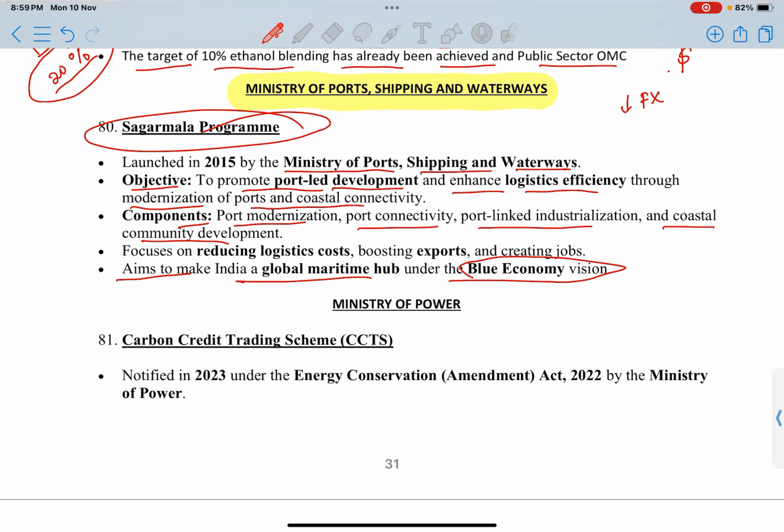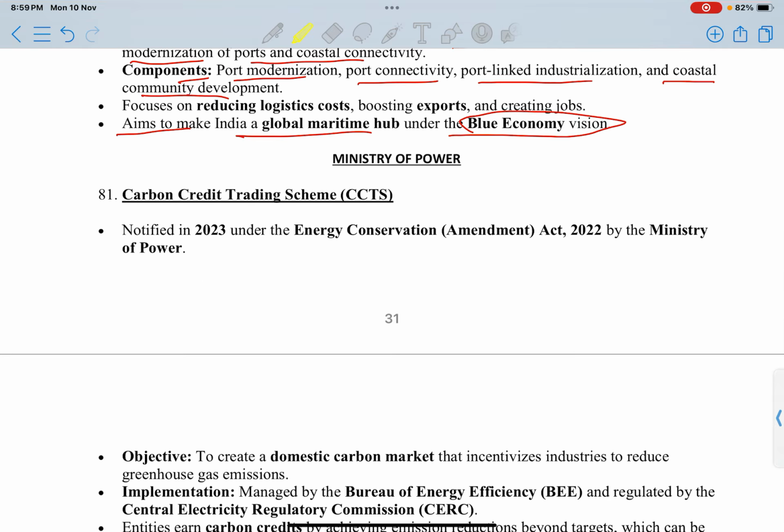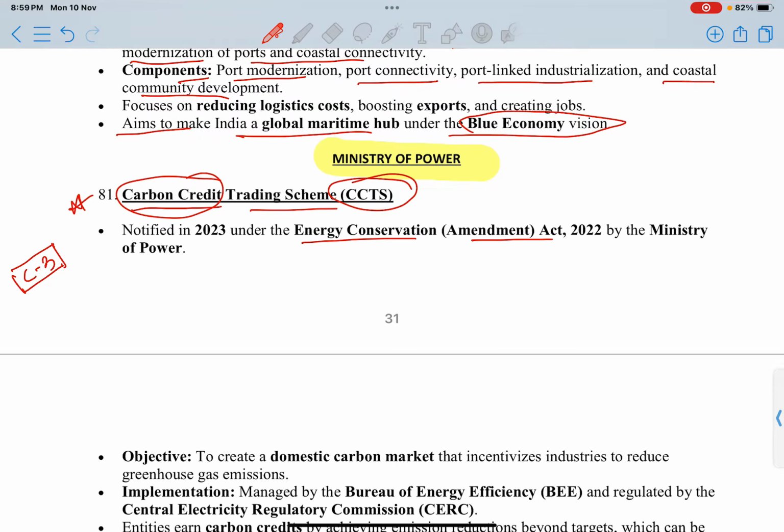Okay. Next, we are going to discuss Ministry of Power. Under this ministry, it is carbon credit trading scheme. See, carbon trading, again, this is very important. In today's combined 3 mains examination, they have asked about this carbon trading scheme. What is this? It is under the Energy Conservation Amendment Act 2022 by Ministry of Power.